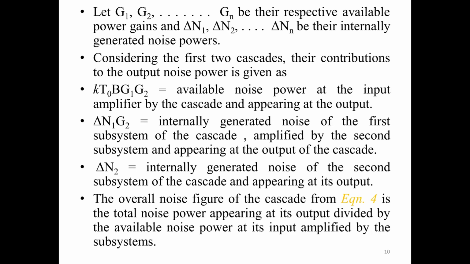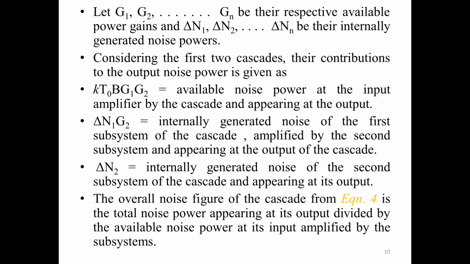Delta N1 G2 equals the internally generated noise of the first subsystem of the cascade amplified by the second subsystem and appearing at the output of the cascade. Delta N2 equals the internally generated noise of the second subsystem of the cascade and appearing at its output.